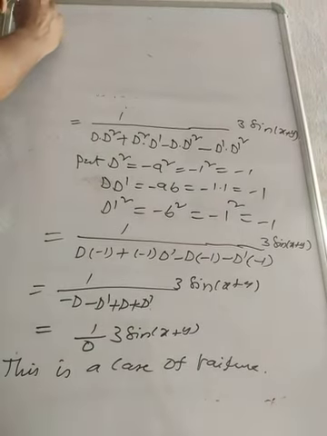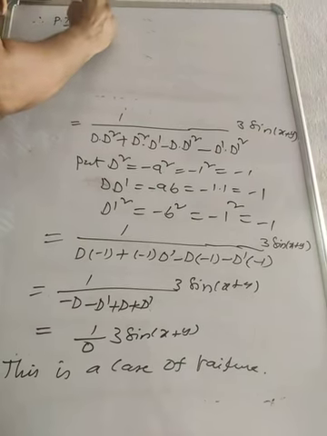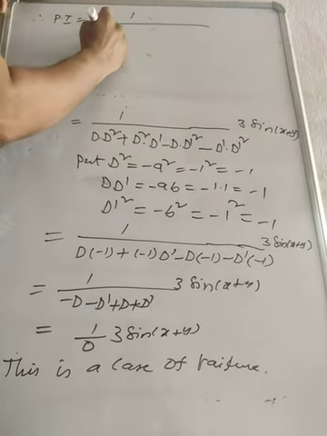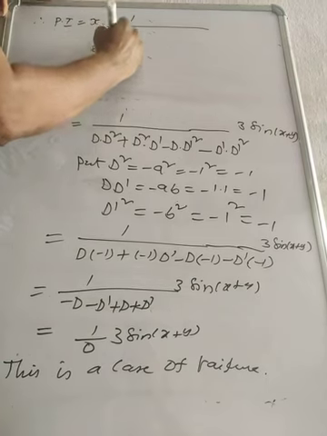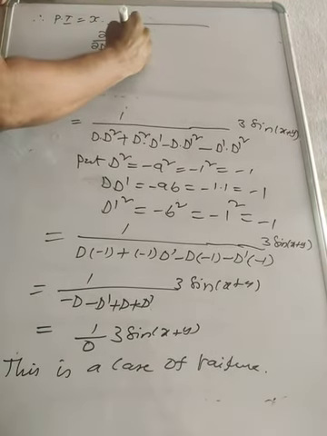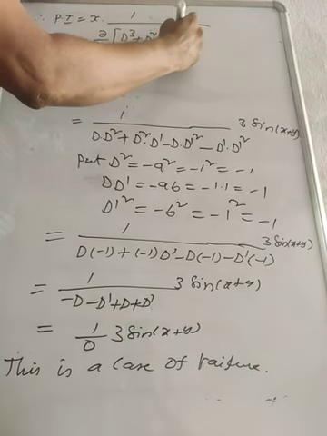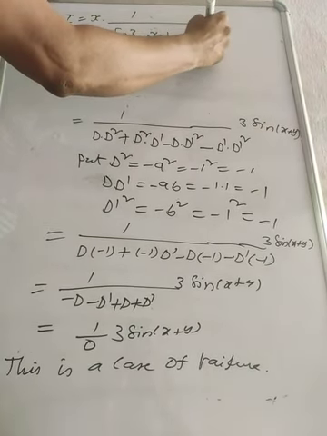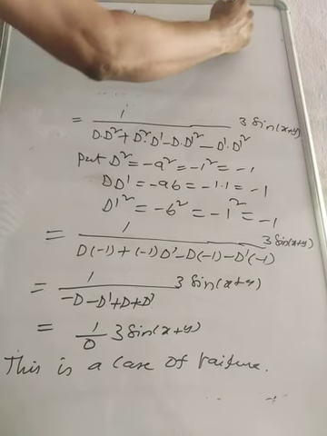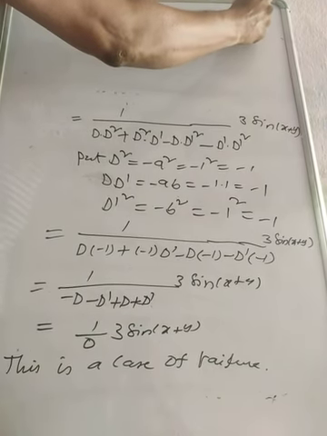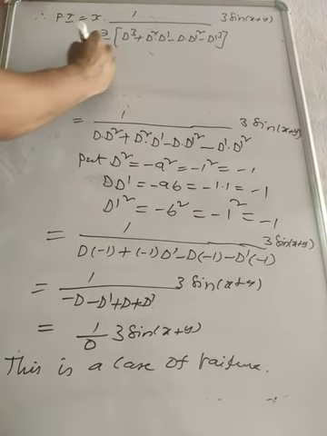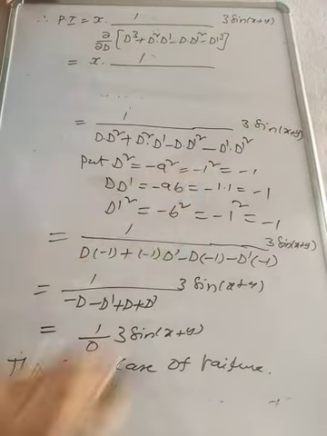Therefore, particular integral equals x · 1/(∂/∂D)(D³ + D²D' − DD'² − D'³) of 3 sin(x + y).